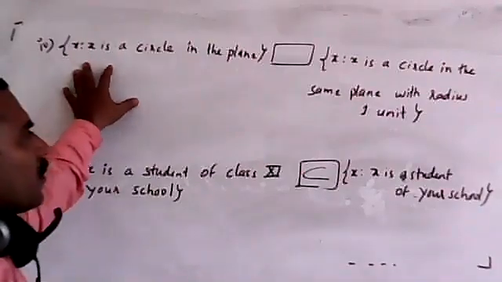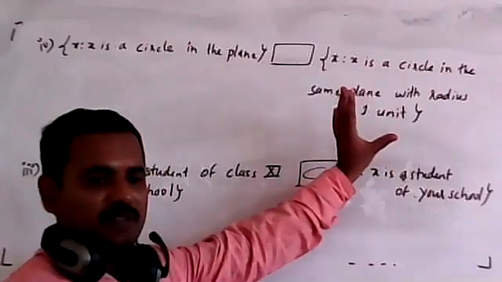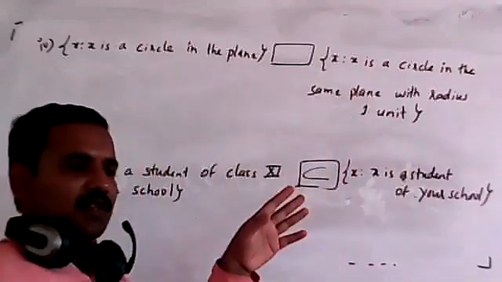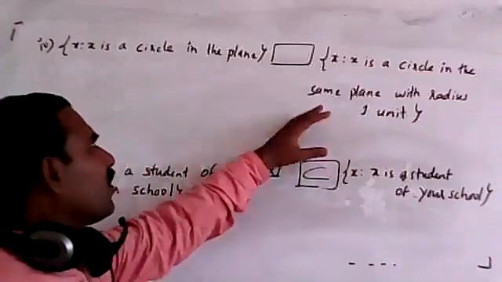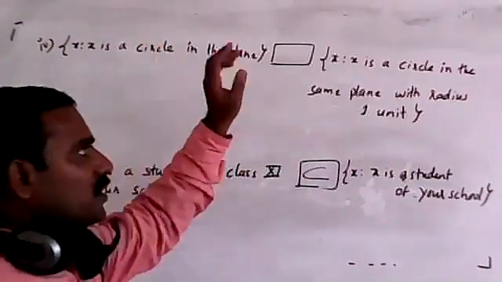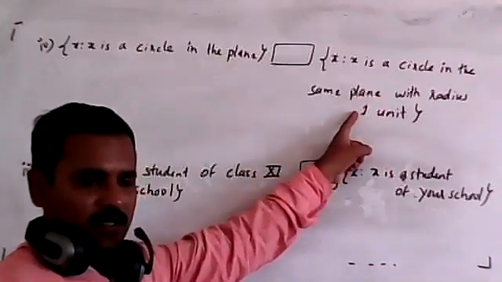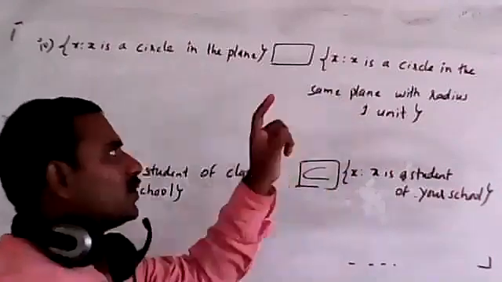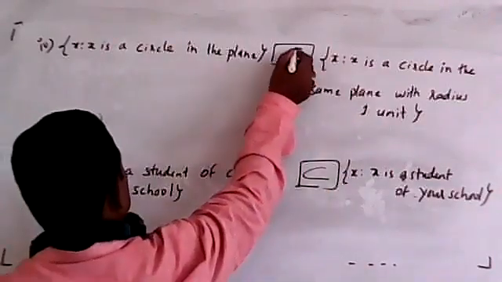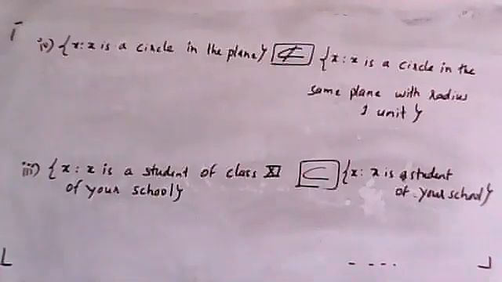But many are not present here. Only one type of circle is present here. If you want to say this is a subset of this, all types of circles of this set must be there in this. But here only one type of circle is there, having radius equal to 1. So this is certainly not a subset of this.